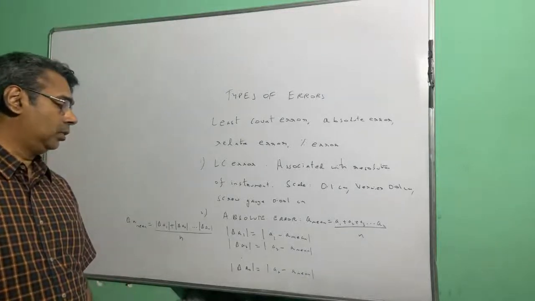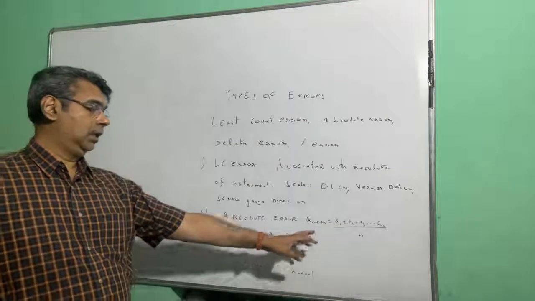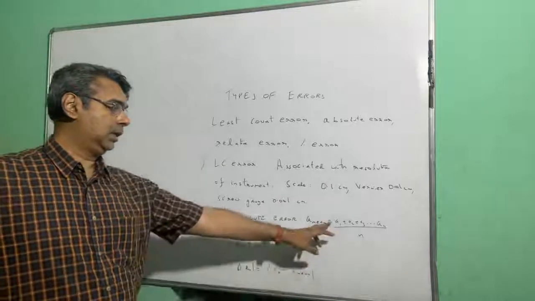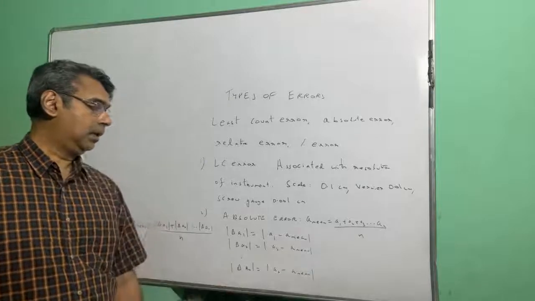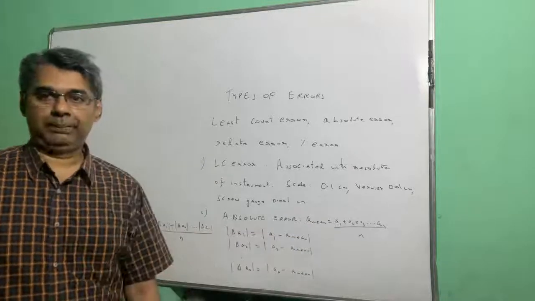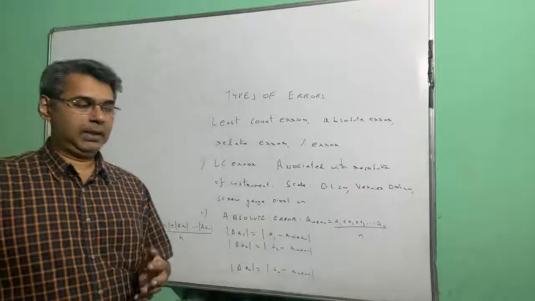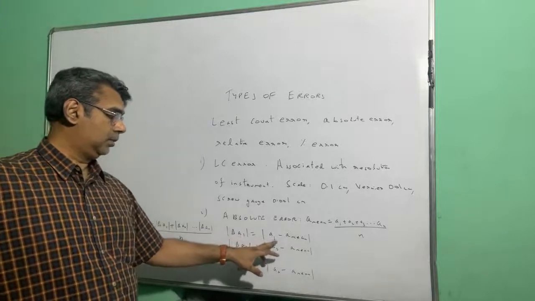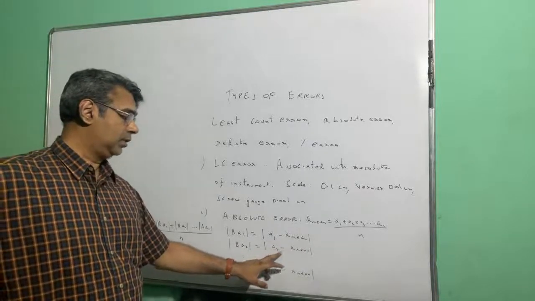Now you have to find the absolute error for each of these readings. How will you find that out? For each reading, suppose A1 or A2 or A3, you subtract the mean and take the absolute value. Absolute value means if you have a minus, you ignore the minus. So the modulus of delta A1 is modulus of A1 minus A mean. Modulus of delta A2 is modulus of A2 minus A mean.